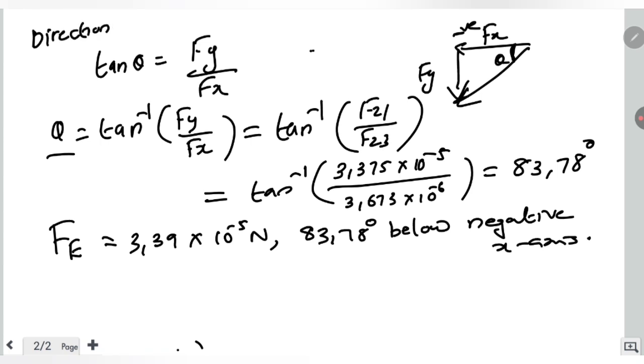Calculate theta using tan inverse y over x, and then you are getting this angle theta, right? That angle is always to the x-axis, either negative or positive. So for this example, it is below the negative x-axis.